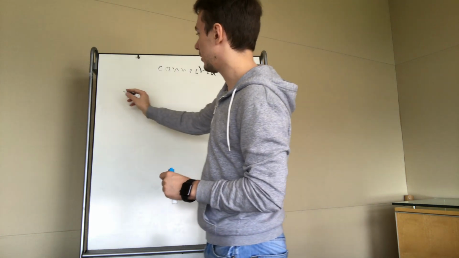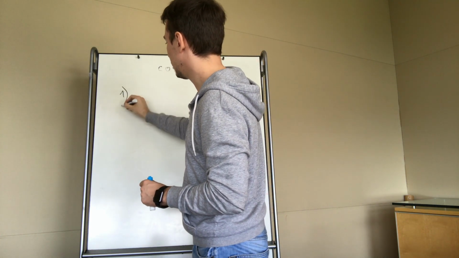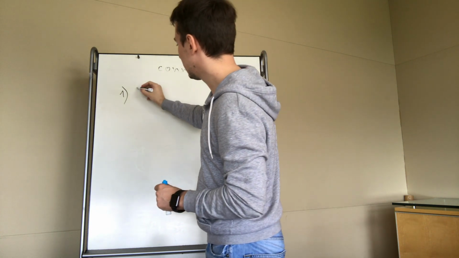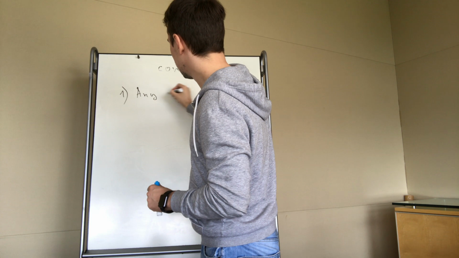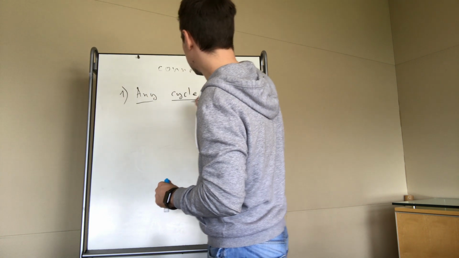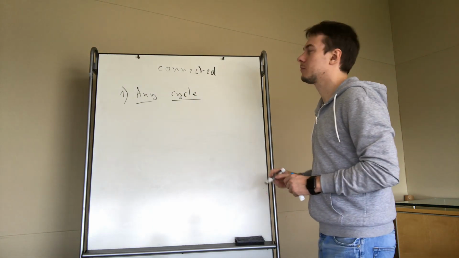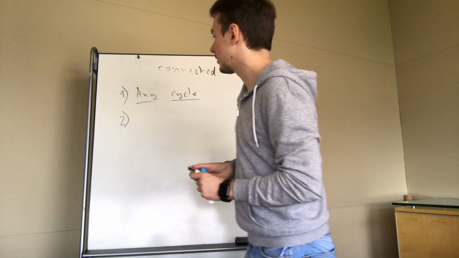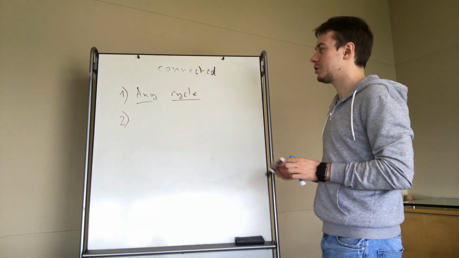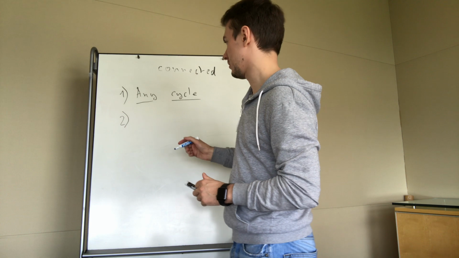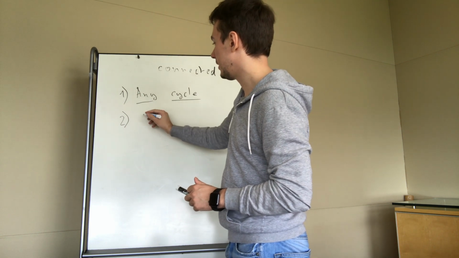Let's make a quick overview of this algorithm. First thing we need to do is find any cycle in this graph. Second, we have to create a graph of graphs and check if it is bipartite.